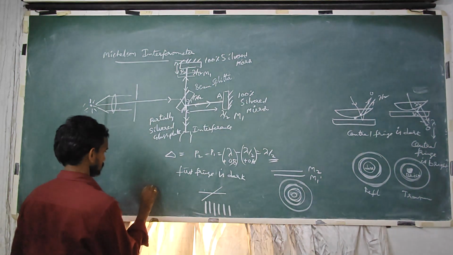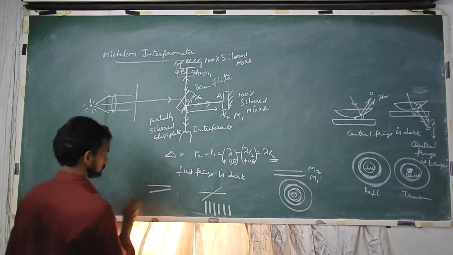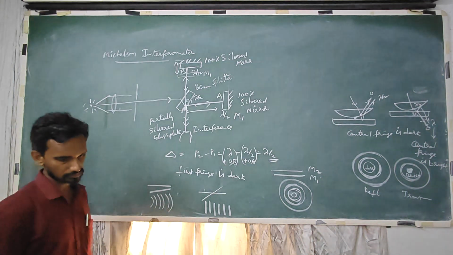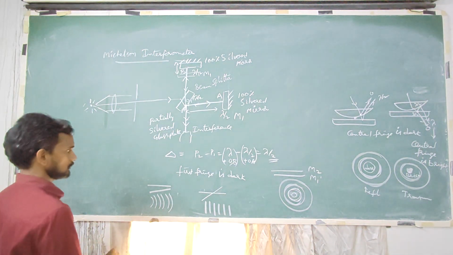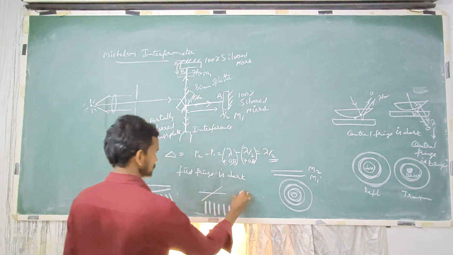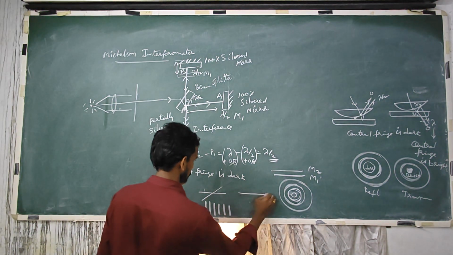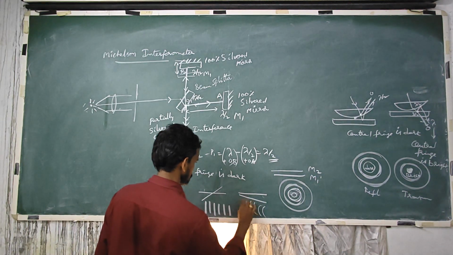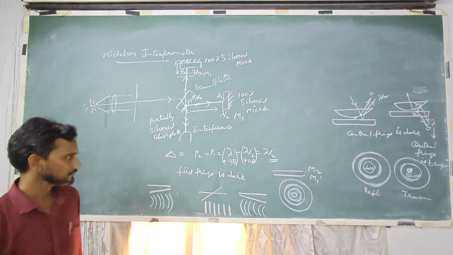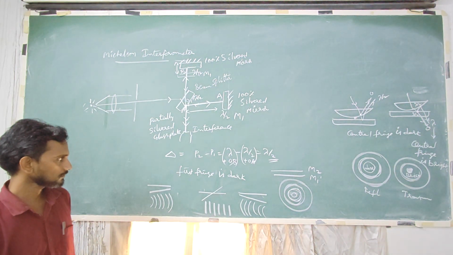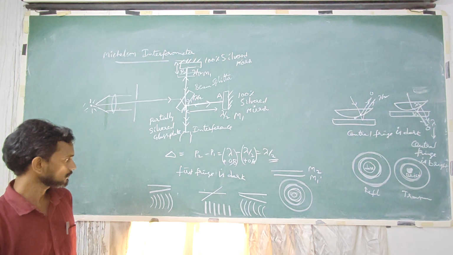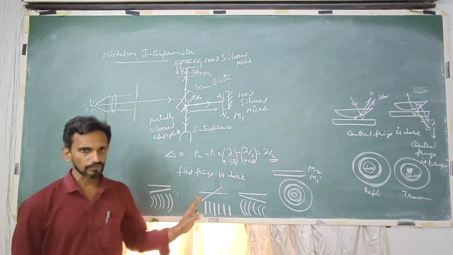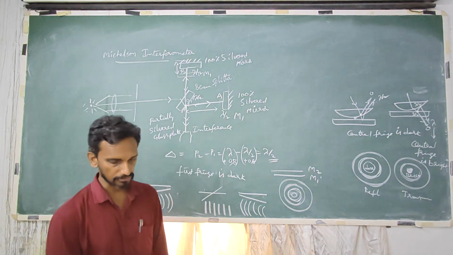So if they are about to cross on this end, then the curvature will be in this direction. So if they are about to cross in this direction, then the curvature will be in this direction. So if they cross, you get parallel fringes, straight lines.